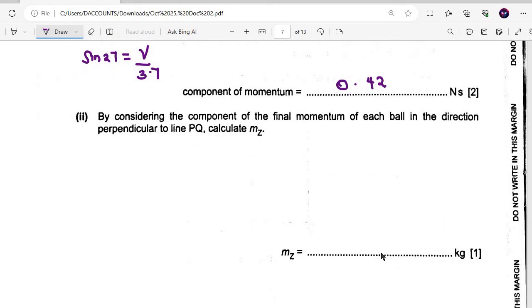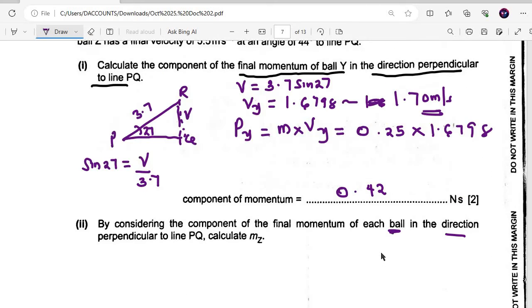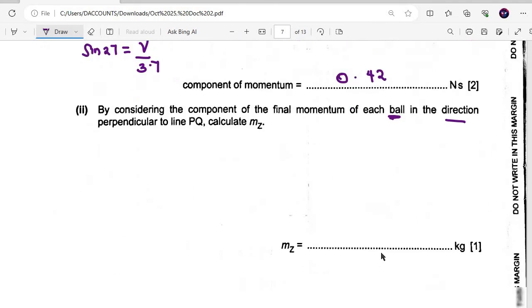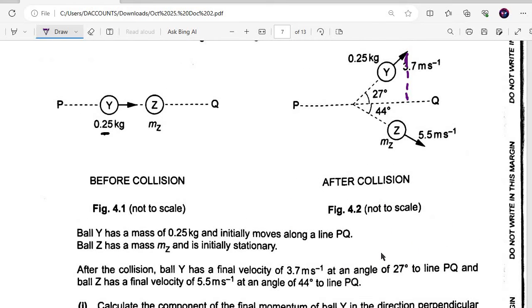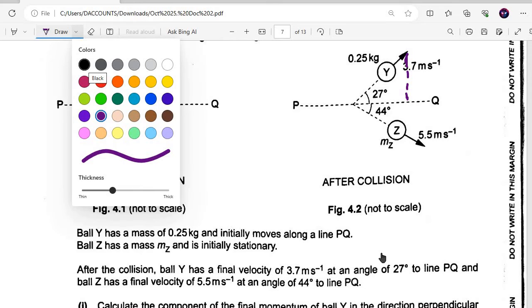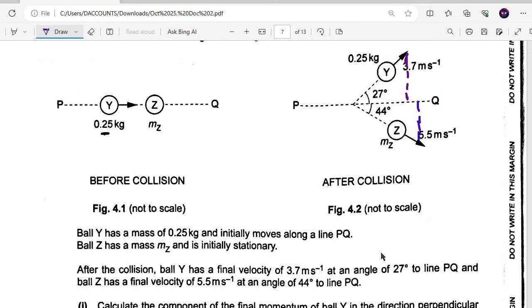The next one: by considering the component of final momentum of each ball in the direction perpendicular to PQ, calculate mZ. We also need to consider the component of the other momentum, the component of this in this direction.